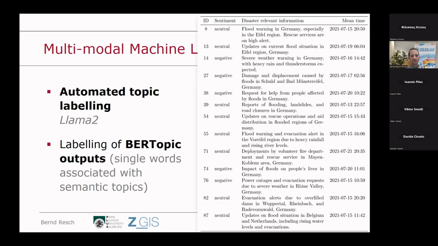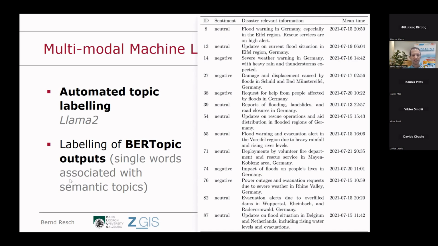So that's the methodology. What comes out, first of all, are these kinds of topics. So you have sentiments for each topic, and that's a semantic topic, right? A group of posts that talk about the same things. And then other relevant information would be a description of this topic. And why I brought this up here is that until now, basically over the last 10 to 15 years since we've been doing this, the output of a topic modeling method was always a list of words.